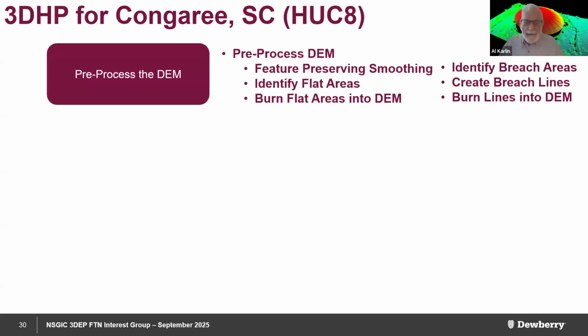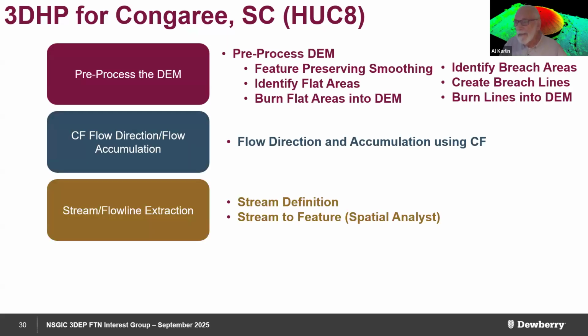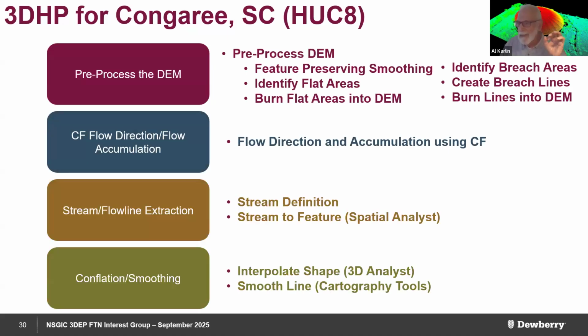So I just want to remind you that this is a process that Dewberry used to model the elevation-derived hydrography on the river. We use those Esri tools. We use the continuous flow model. We use the stream to feature tools, and we interpolated and used the cartographic tools to smooth the lines.